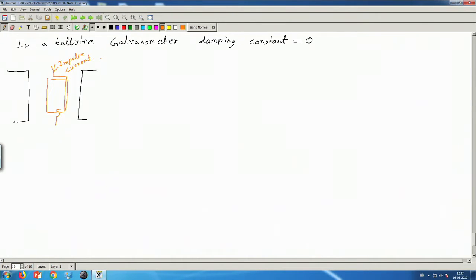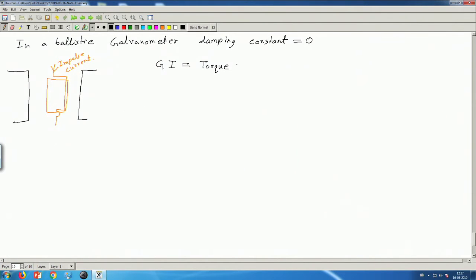Okay, now if we call this current I, then we know that I multiplied by G, where G is the galvanometer constant, which is BAN, that means torque per unit current, is equal to the torque.